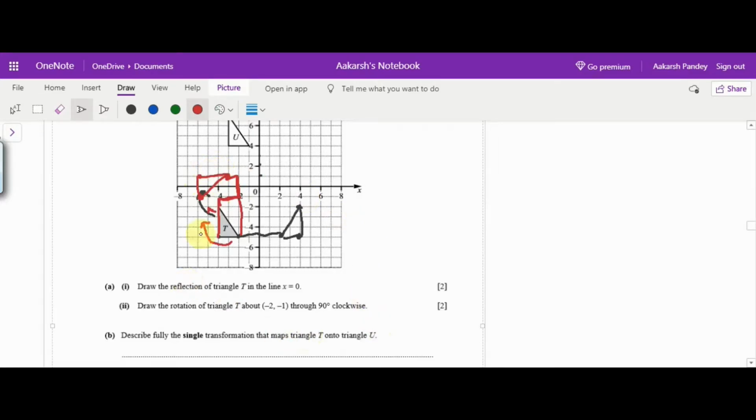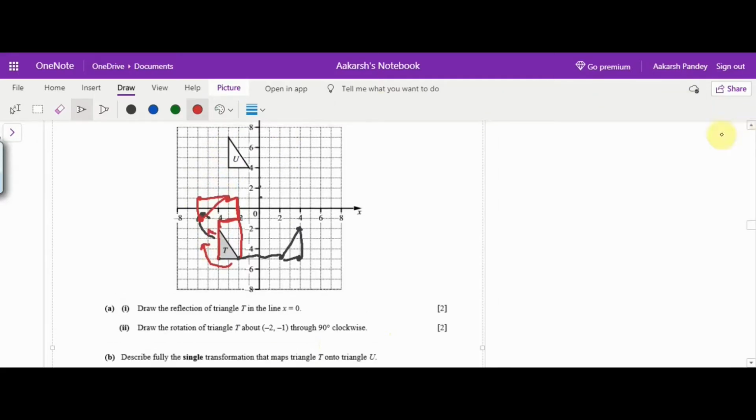Mapping of triangle T onto U. The first thing we have to notice is there is no rotation, because the right angle is still in the same position, which shows that the triangle has only been translated.